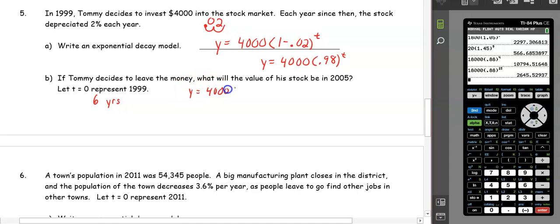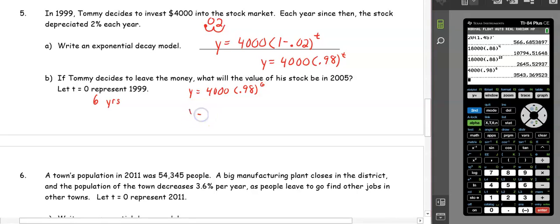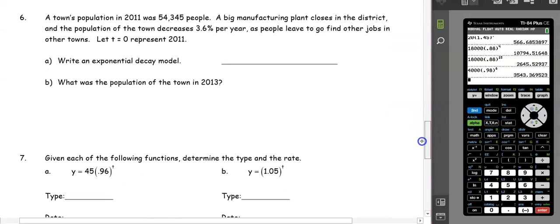So we have 4,000 times 0.98 to the 6th power. So he would have a value in the stock of $3,543.37. So let's look at one more example of exponential decay.